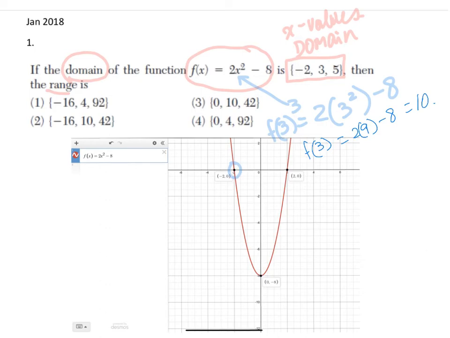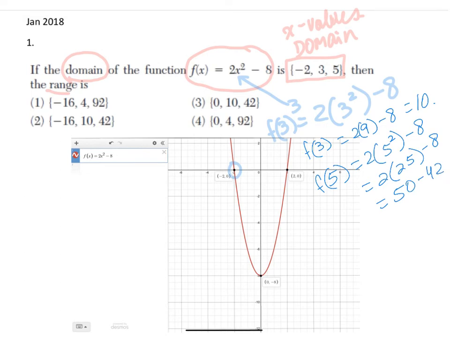And then if I put in 5, I'll get 2 times 5 squared minus 8. So that's 2 times 25, which is 50, minus 8, which gives me 42.